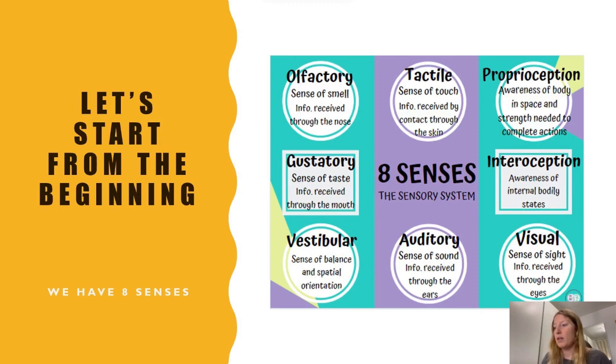We also have the interoception system. That one is similar to proprioception, and sometimes you find them together. That's why you sometimes find 8 senses or 7 senses. Sometimes interoception is grouped with proprioception because it's also awareness of the body, but of the internal body. So you know if you need to go to the toilet or if you're hungry.